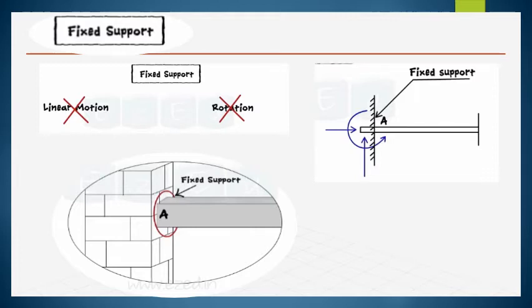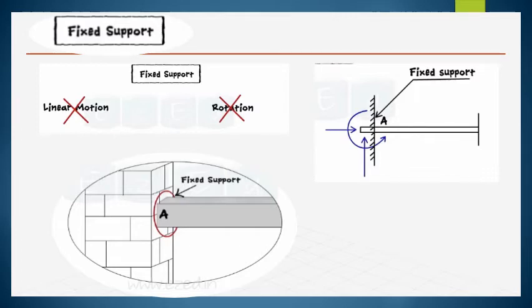So those two reactions: the support restricts the translation in the x direction by applying the reaction in the x direction, as well as it restricts the vertical motion by applying the reaction in the y direction. So the restriction in the translation is due to these reaction forces, both horizontal and vertical reactions.